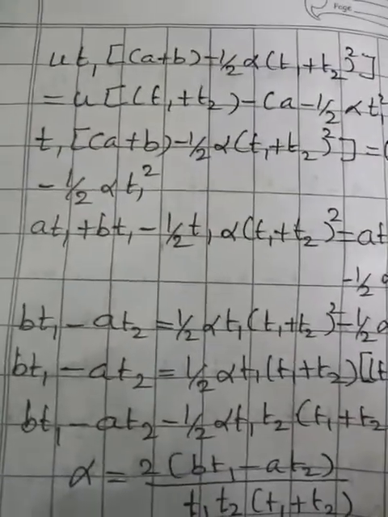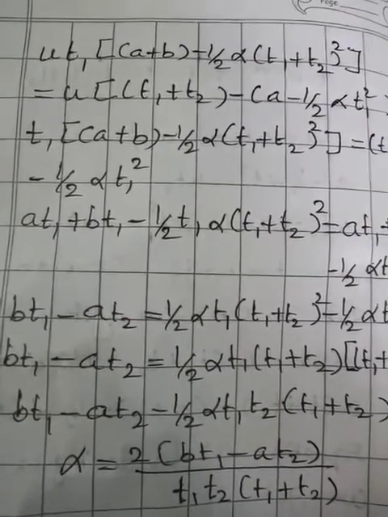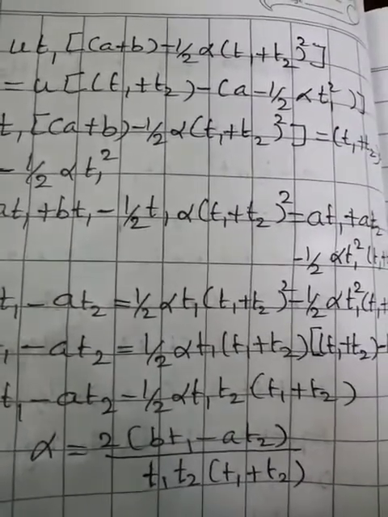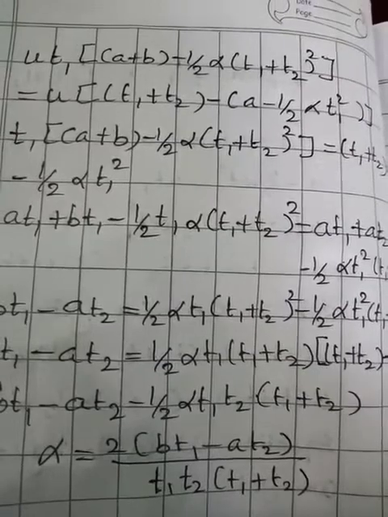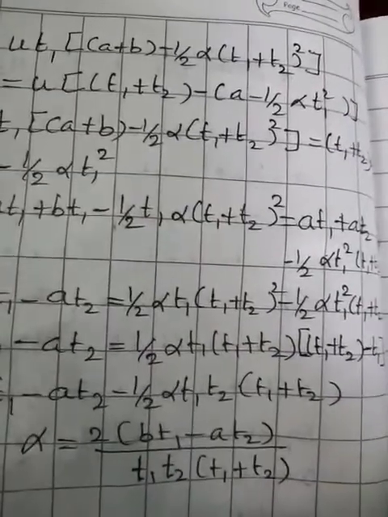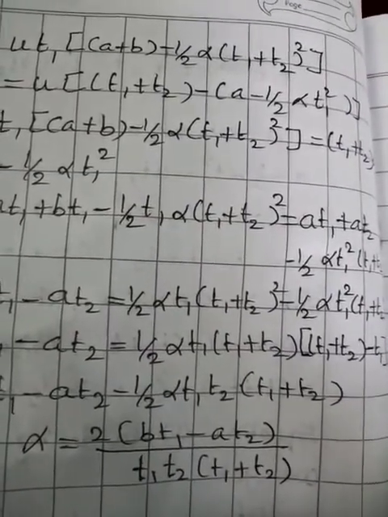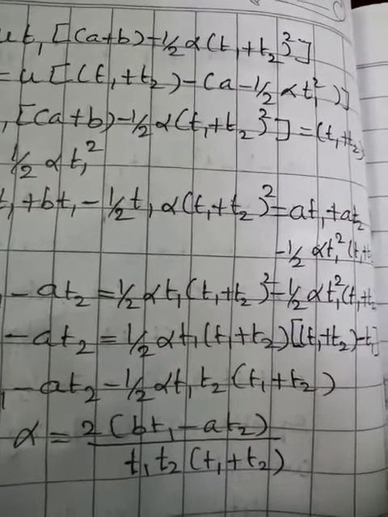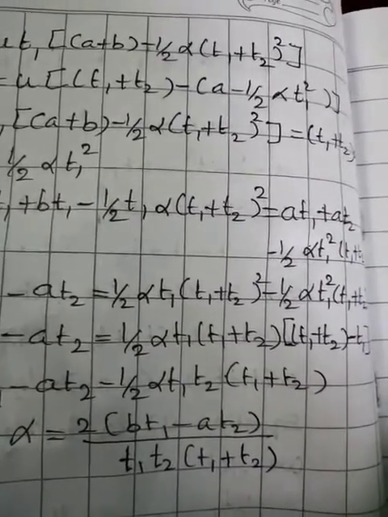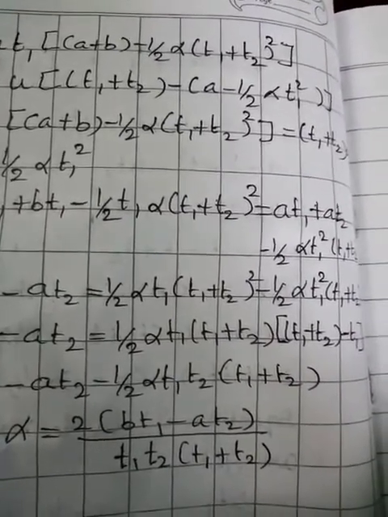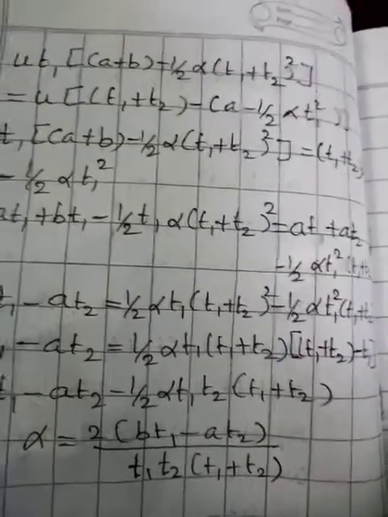So b t1 minus a into t2 is equal to 1 by 2 alpha into t1 bracket t1 plus t2 whole square minus 1 by 2 alpha into t1 whole square into bracket t1 plus t2.